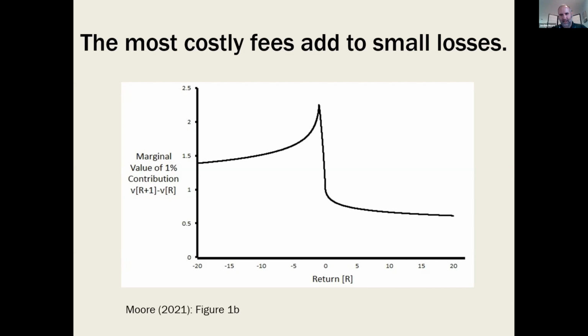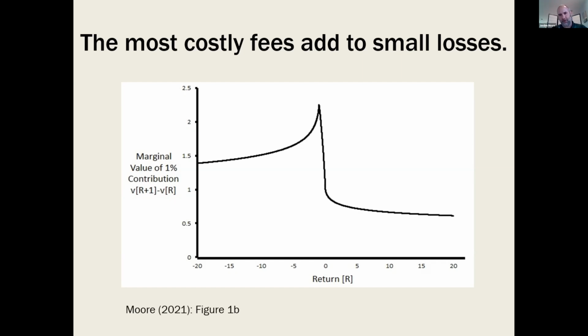So I analyze in this paper the implications of manipulating the timing of management fees. A management fee on top of an existing loss is especially painful, right? If your account already loses money and then your manager charges a fee, that fee really hurts. That's an extra loss.